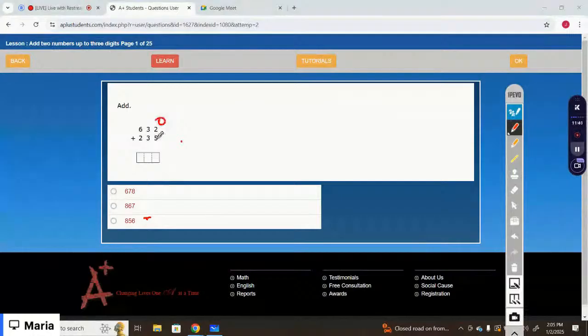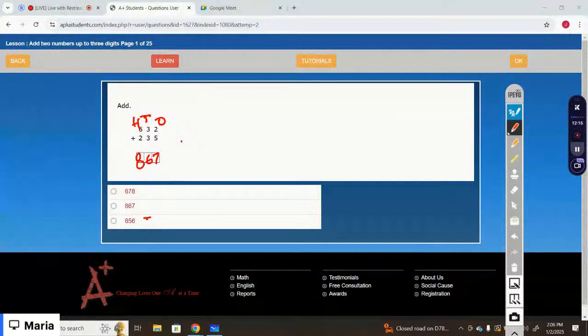So you have to add 5 and 2. 5 plus 2 makes 7. So here you have 7. Then you have to add the tens now. That is 3 plus 3 makes 6. And then you have to add the hundreds. So 6 plus 2 makes 8. That is 867.